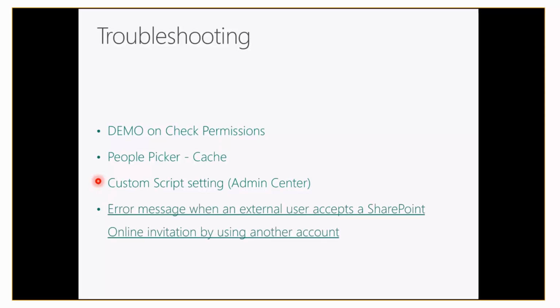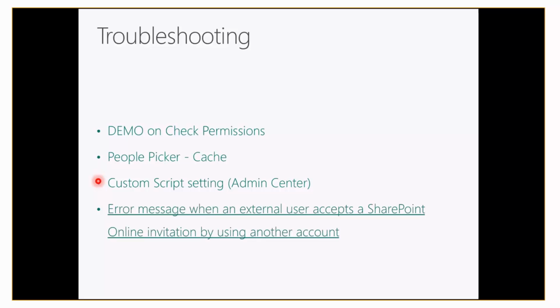Also, additionally, the custom script setting in the admin center. This is also very important, because if you have a site collection administrator with an access denied on a site collection, that's really odd, because you do not have any deny in SharePoint Online or in SharePoint, except what Diogo mentioned before, the custom script, the no script setting.